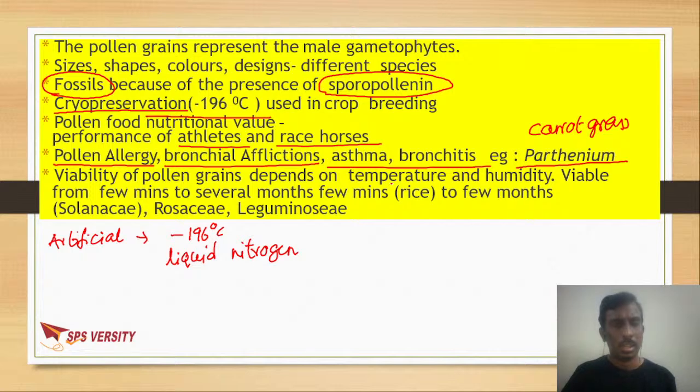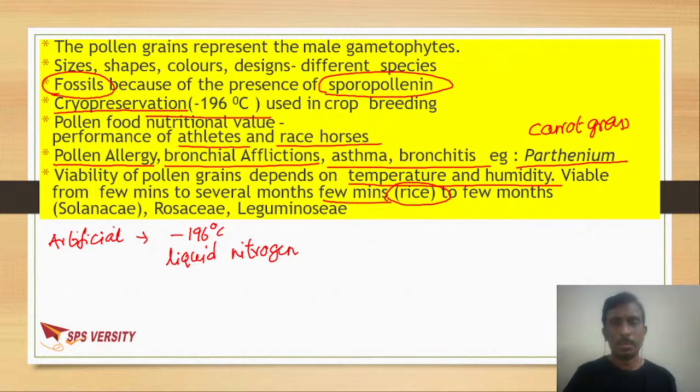Okay. So when I come to the lifespan of pollen grains, it depends on temperature and humidity. There are pollen grains where the lifespan is a few minutes as well as months. Like if you take rice, the pollen grain lifespan is a few minutes. Within a few minutes, the lifespan ends.